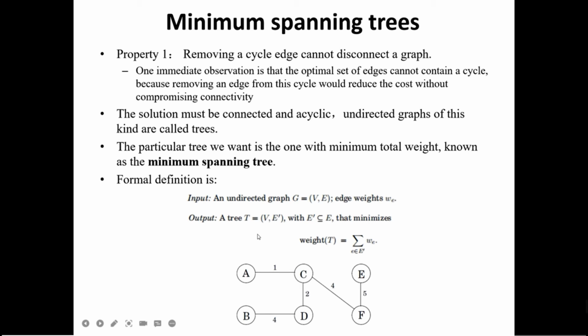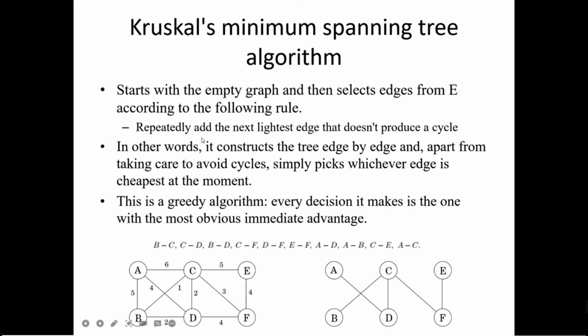So let's see how to solve this problem. Let's first see Kruskal's minimum spanning tree algorithm. The main idea of this algorithm is that we can start with an empty graph.